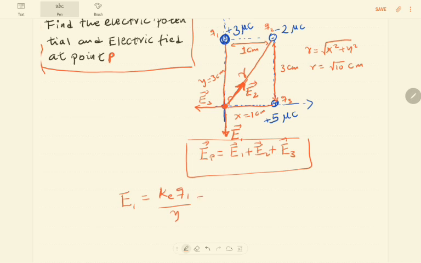So in fact, Ke is an electric constant. You'd get approximately 9 times 10 to the power of 9. It is Newton meter squared per coulomb squared. Now, we don't need the unit here.